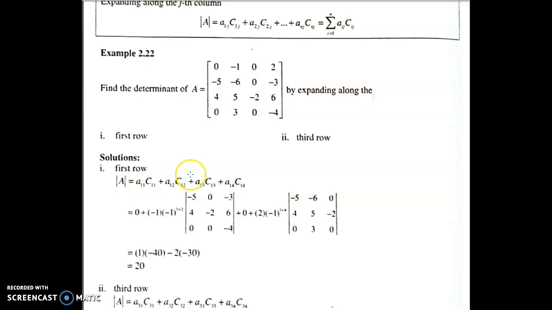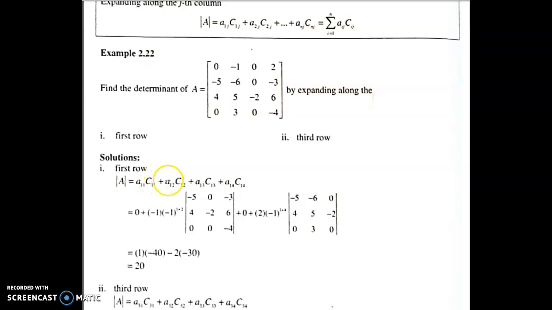When it comes to the calculation, as you can see here, for A11 and C11 they just put 0, because the element is 0 and everything times 0 will get 0. They don't need to calculate the cofactor.